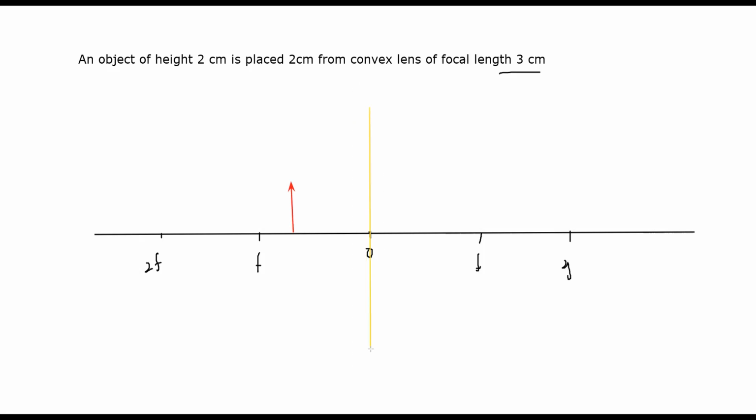Try to complete till this point, then I will show how the image will form. Focal length is 3 centimeters, so 2F will be 6 centimeter. An object is placed within the focal length. Everyone finished till this point?